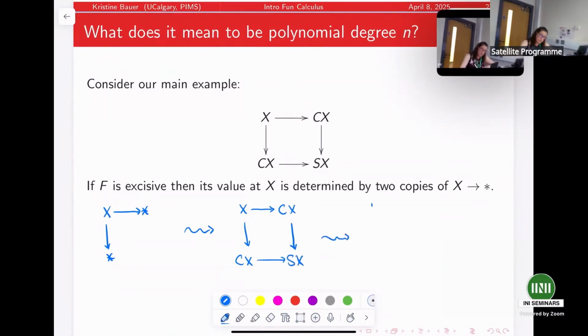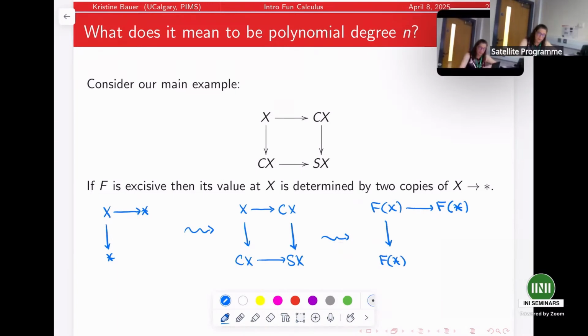And then, of course, I'm supposed to apply f to the whole thing. Well, I'm going to find it more convenient to think about this as a point again, so I'm going to forget about the fact that I took a cofiber replacement of my point to take a strict pushout instead of a homotopy one.